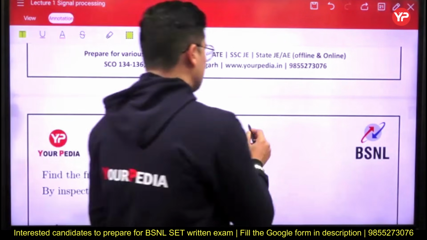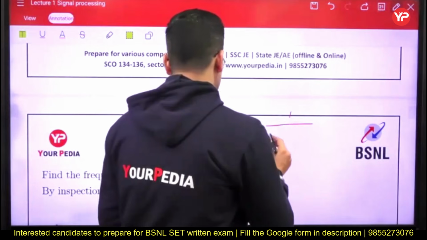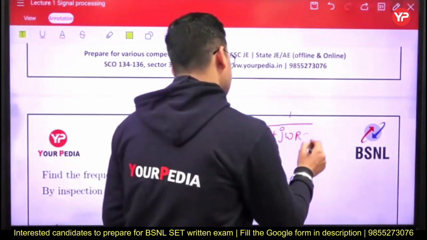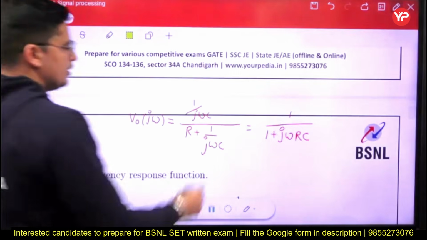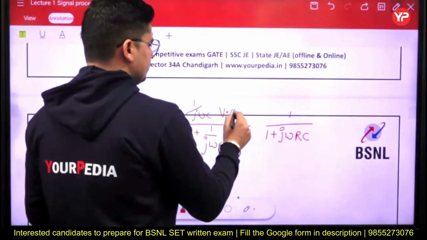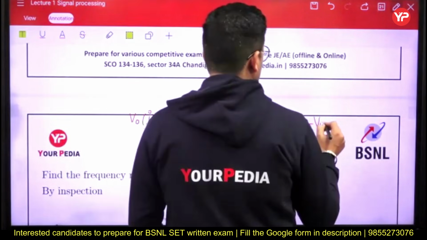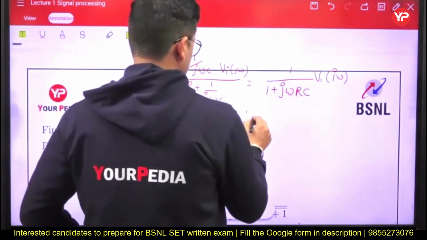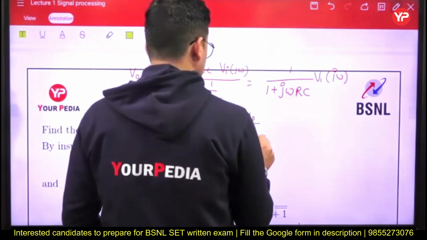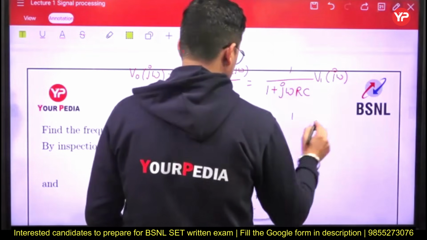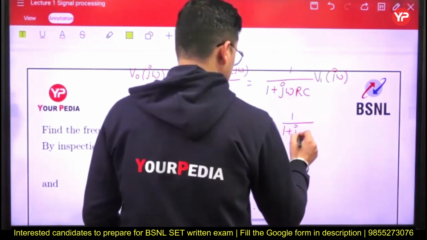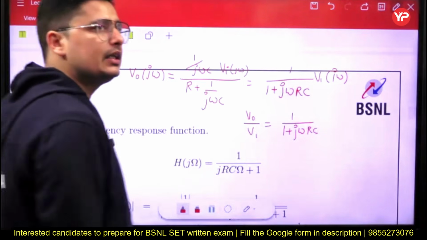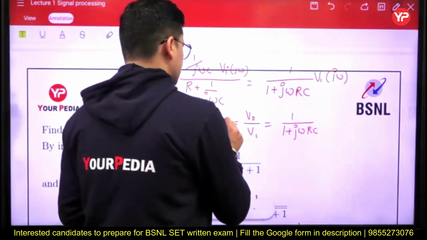When you take the LCM, things cancel out, so it becomes 1 divided by (1 plus jωRC) times V input of jω. Now V out upon V input is going to be 1 upon (1 plus jωRC), and this is generally known as H of omega.